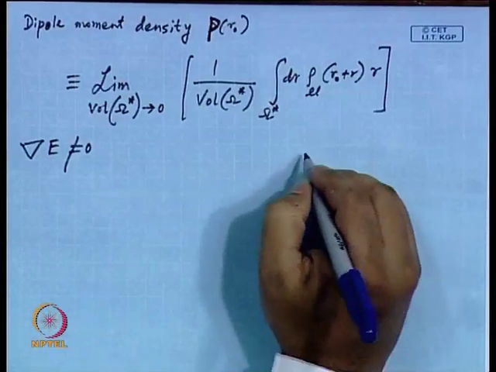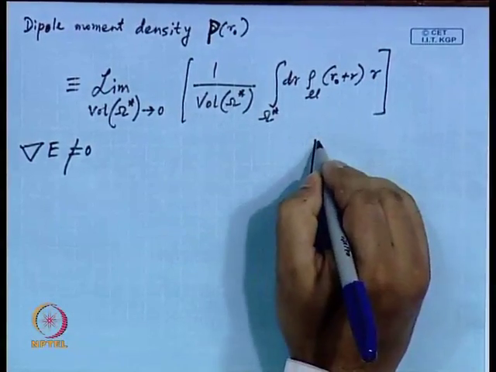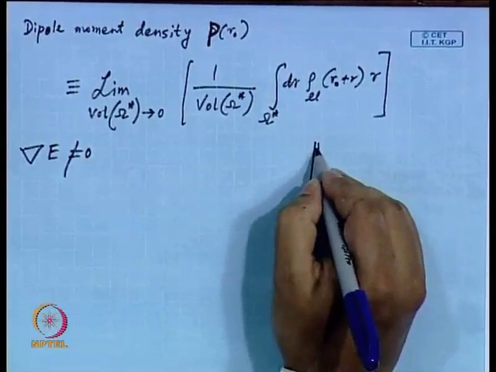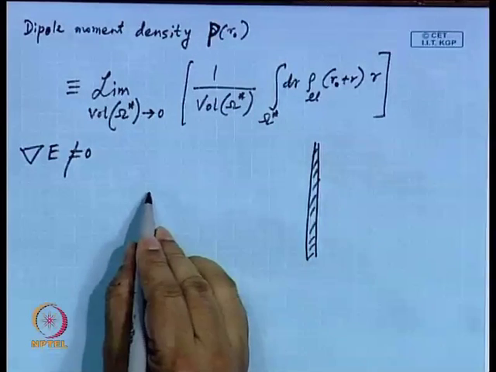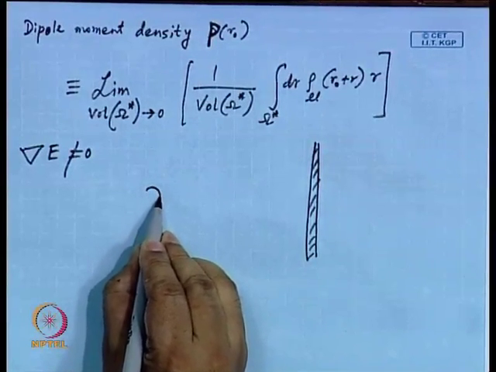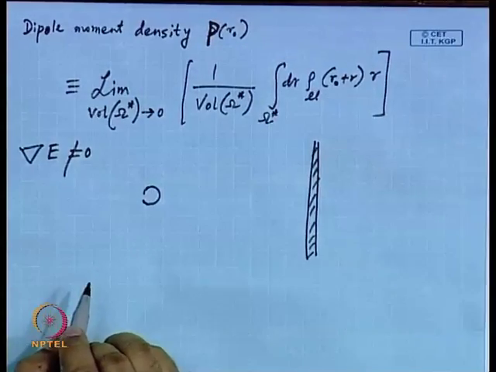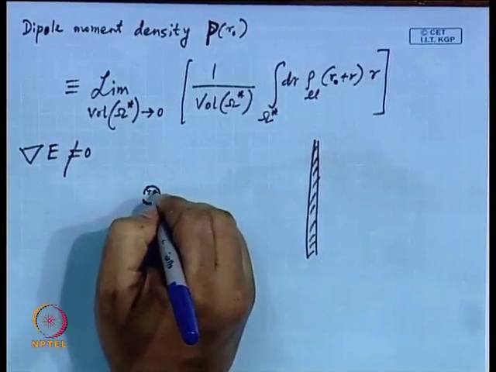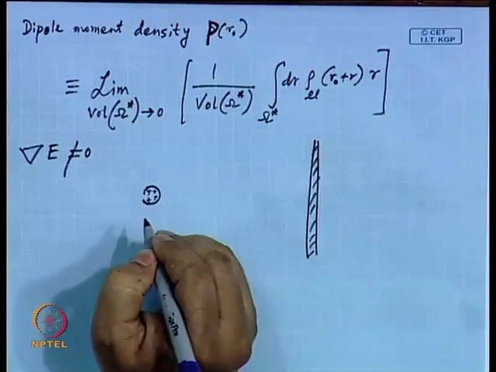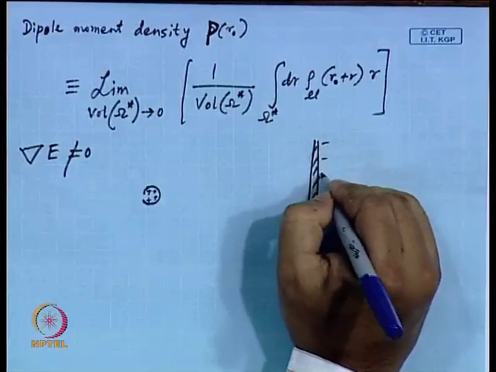This type of field you can establish by having a planar electrode on one side and a point electrode on the other side, this is the plus and this is the minus.